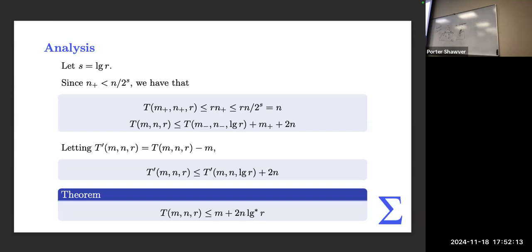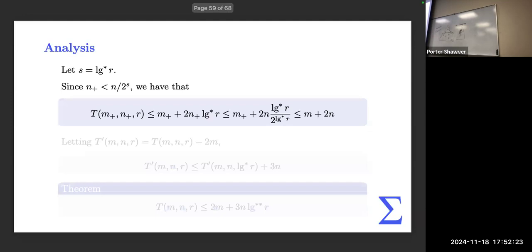To improve this analysis, we realize that we started with a very generous bound, and now we've figured out something better. So then we can plug in 2n log star r in front of our recurrence. And then choosing a better factor of s, now that we have more knowledge, we get plus 2n.